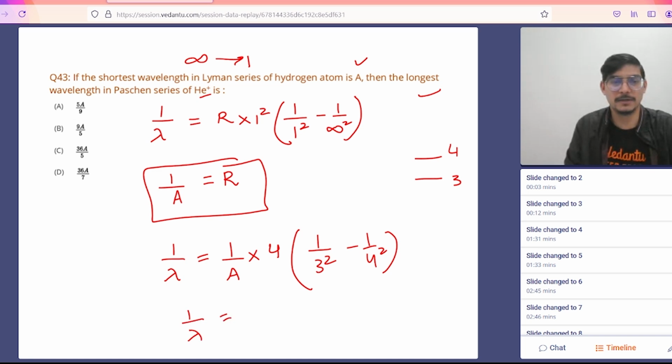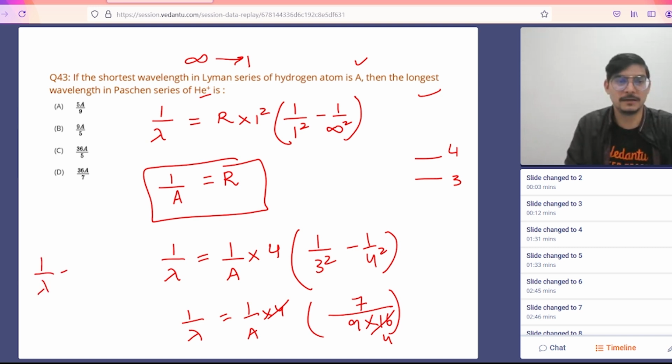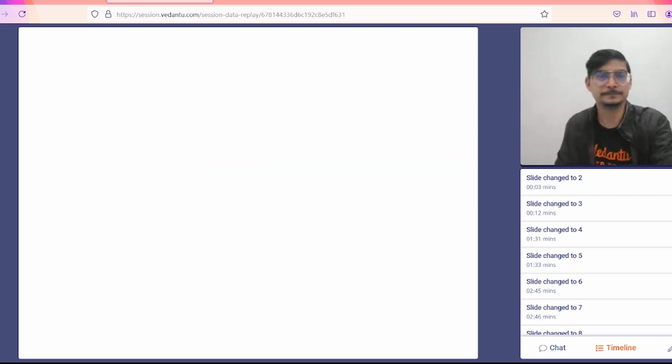So 1 upon lambda is equal to 1 upon A multiplied by 4, and this should be 16 minus 9, that is 7, over 144. So 1 upon lambda should be 7 divided by 36A. So lambda should be 36A divided by 7. So the correct answer is option D.